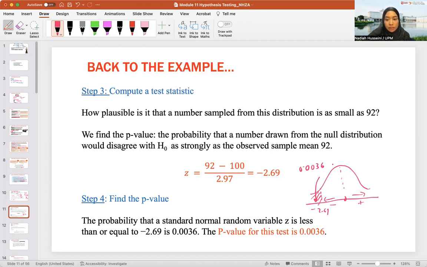I'm talking about the region that is equal or less than this value of z. We got it from the z-score, and this is the probability. In percentage, it is 0.36%. So very, very small.